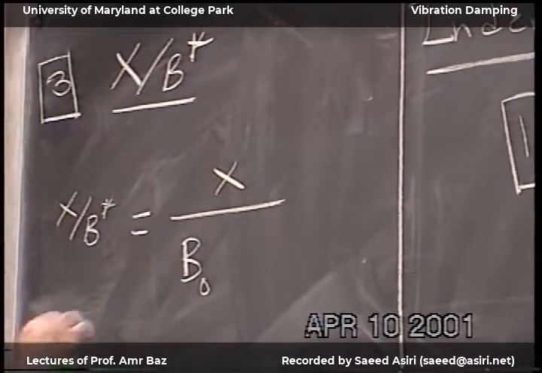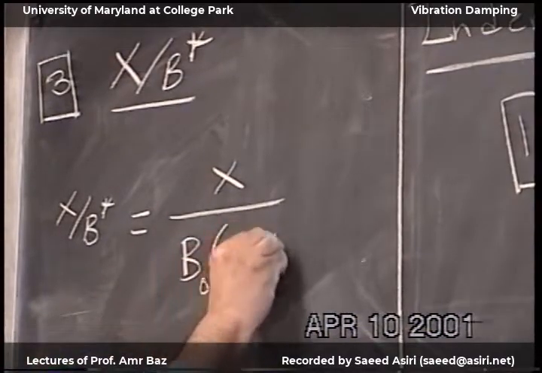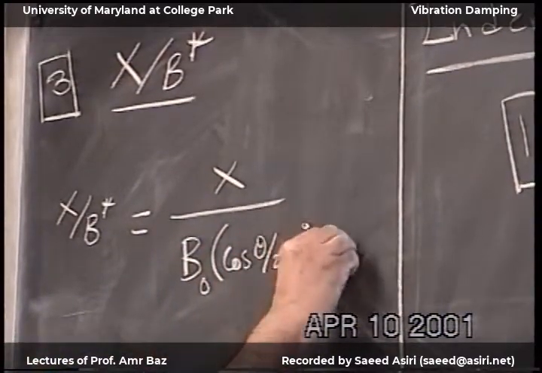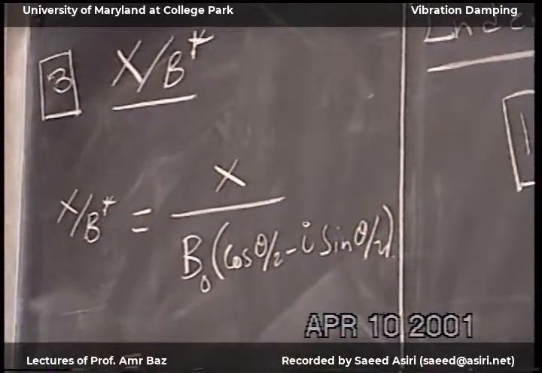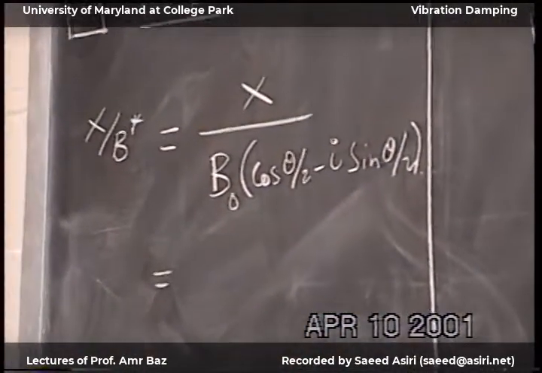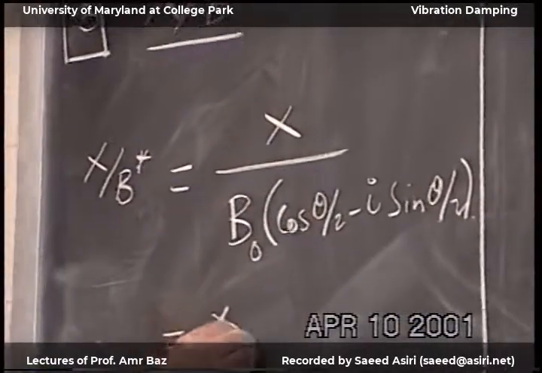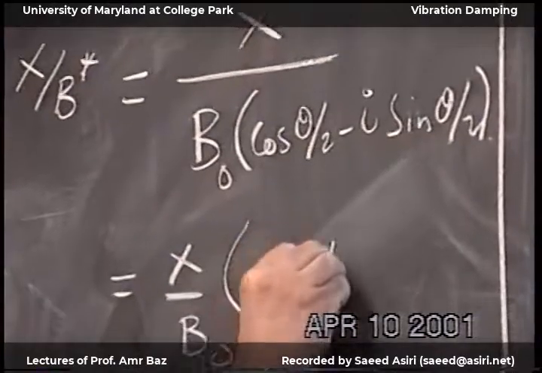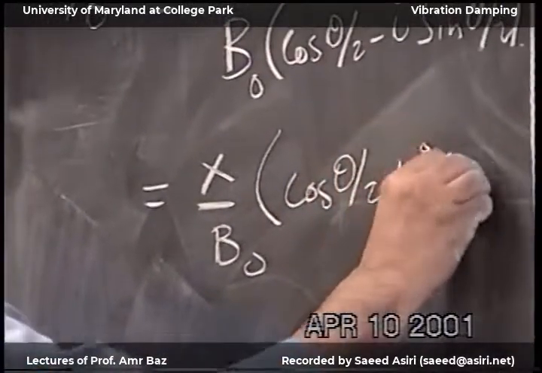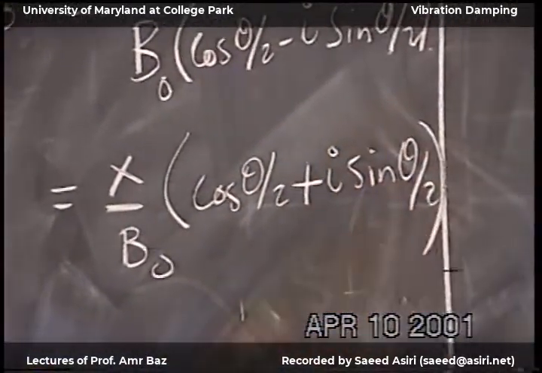And then I have cosine theta over 2, I sine theta over 2. So now this will equal to x over b0 cosine theta over 2 plus I sine theta over 2.